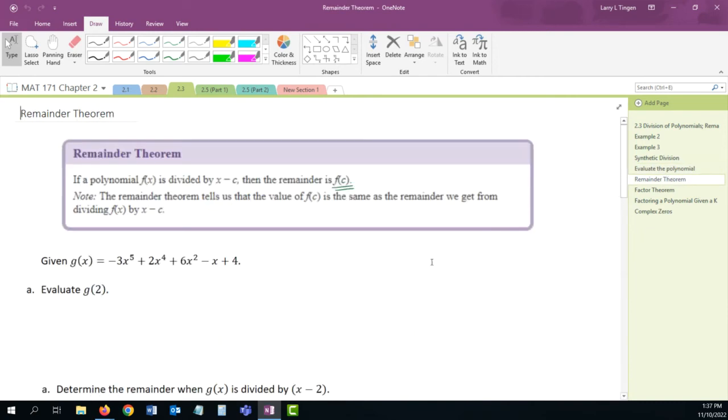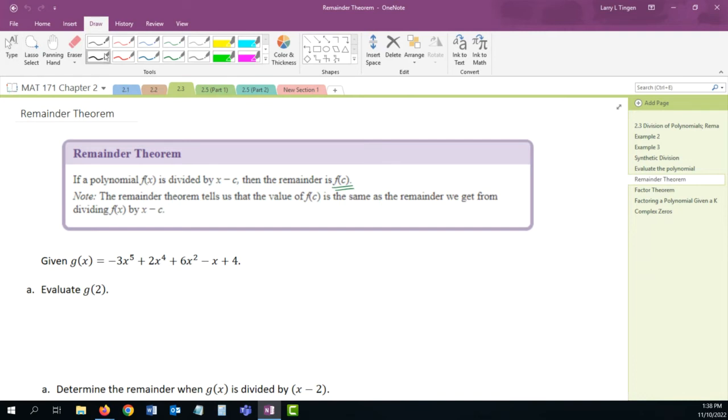The remainder theorem says that when you divide a polynomial by x minus c, the remainder that's going to pop out happens to be whatever you would get if you took that original number and plugged it into f of x, or g of x in this case.